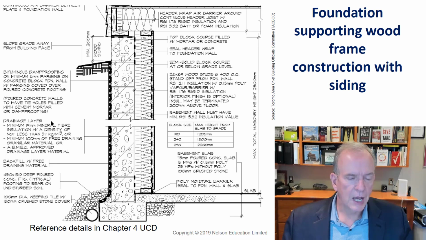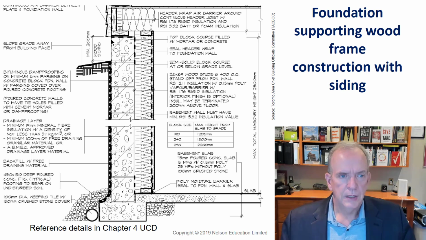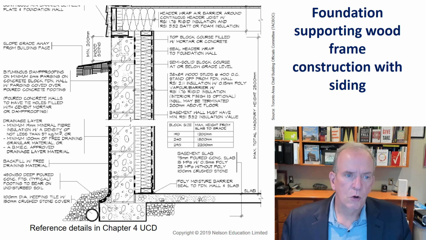So these sizes and dimensions, which we'll talk about, like minimum 200 millimeters from grade to siding, that's a building code requirement that says you're not to have the ground any closer than 8 inches, which is 200 millimeters. That keeps it in close proximity so you don't have what they call rising damp.